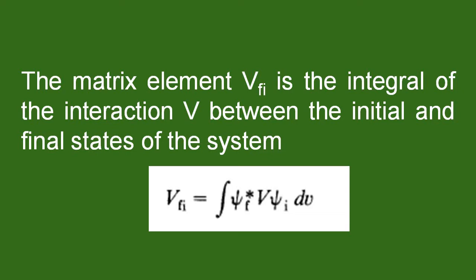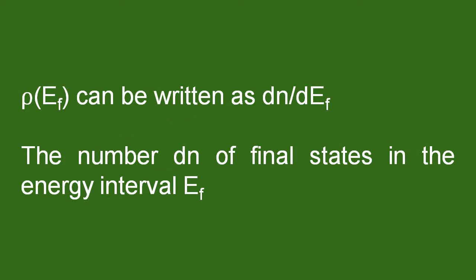So psi I, and dV is the volume element. And now rho Ef can be written as dN by dEf, the number dN of final states in the energy interval Ef.